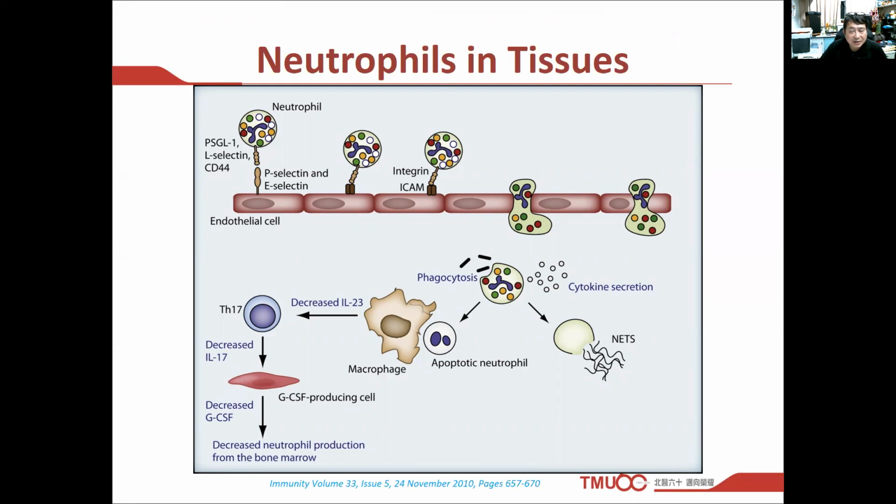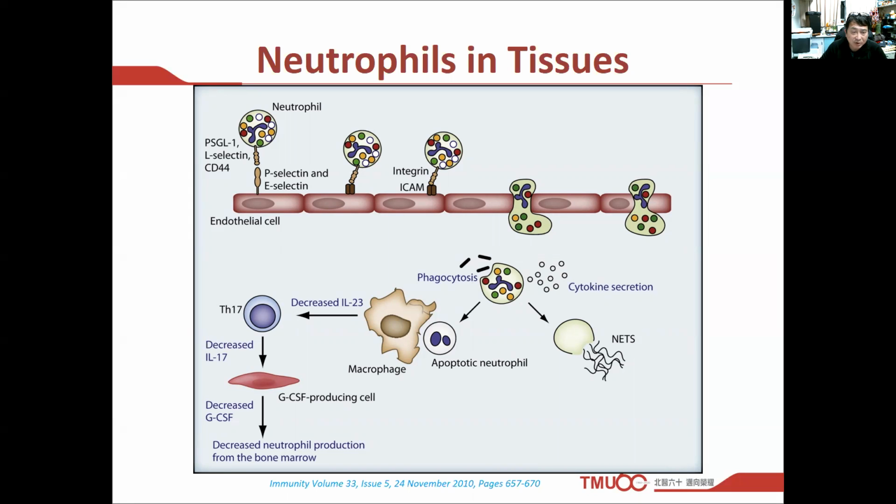Okay, here is where we are going to go over the life cycle of neutrophils in tissue. As I just mentioned, leukocytes will express adhesion molecules, for example, CD44, PSGL1, L-selectin. I would like to mention CD44 is one of my findings when I was a postdoc.